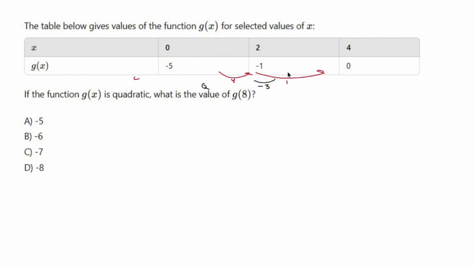Okay, so my job is to find out what happens at g of 8. So let's add 2 more spaces to this, 6 and 8. Now I'm going to go backwards here. This guy is going to be -3. This guy is going to be -3. So going from 1, minus 3 is going to be -2, and that would be from 0 to 6.